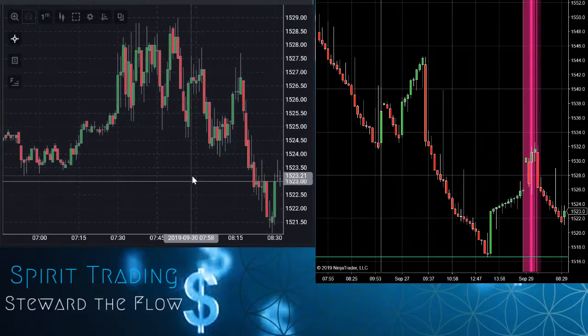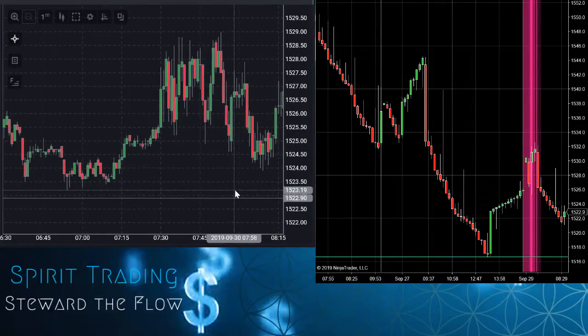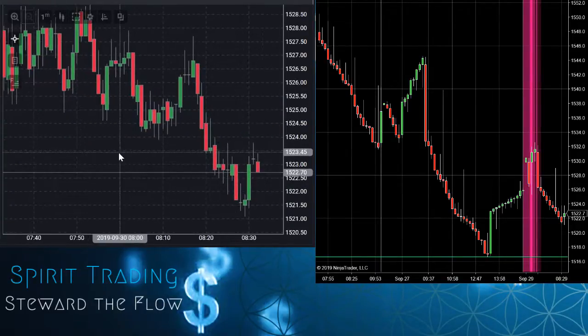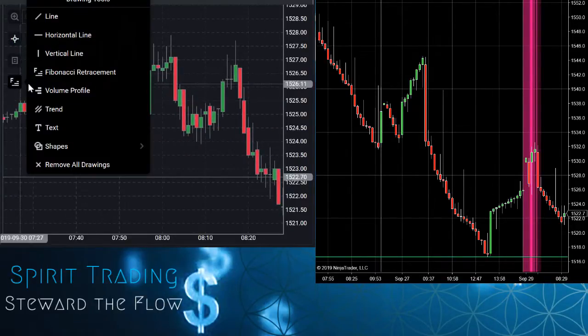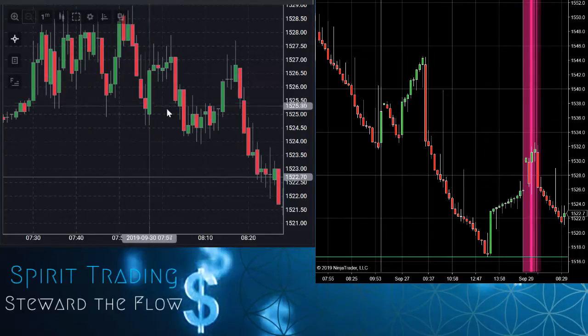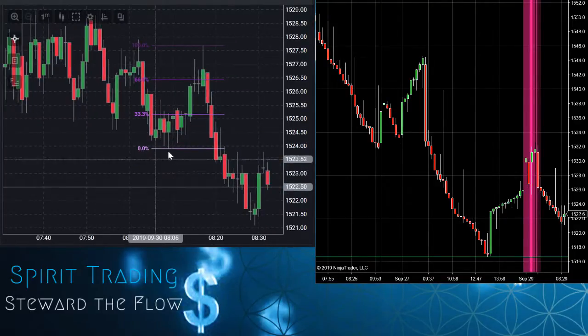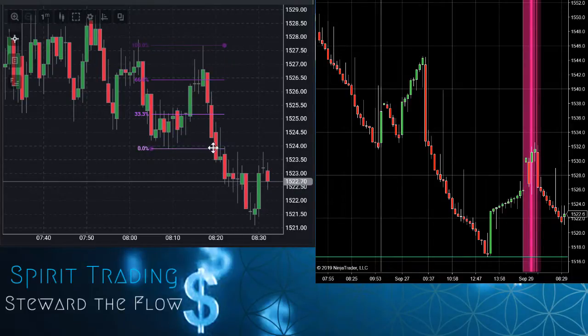Wow. Chopping. If you were wanting to get a breakout, right, this is your way. Comes up, shoots down, bing.